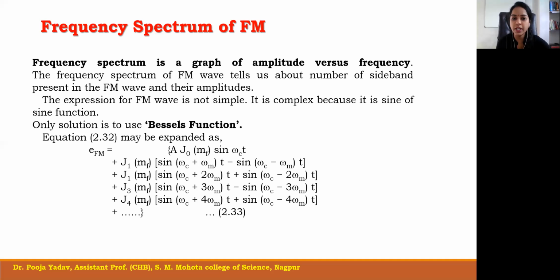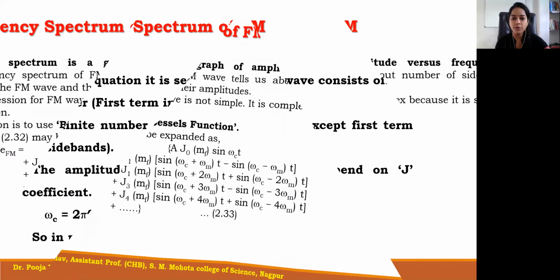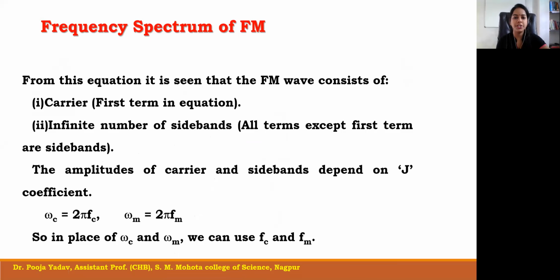See here, instantaneously the frequency is changing, constantly. As soon as the amplitude changes, the frequency of the modulated wave will also change. So this is how we will have the sideband concept. You all know, we have also seen it in amplitude modulation. So what does the frequency spectrum of frequency modulation say? That it has a carrier.